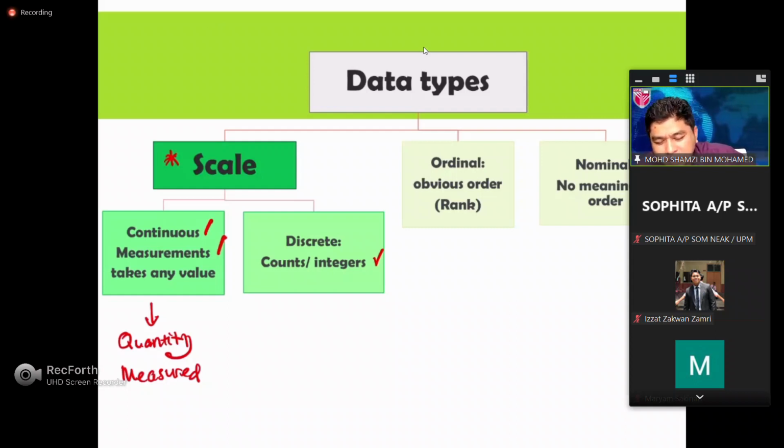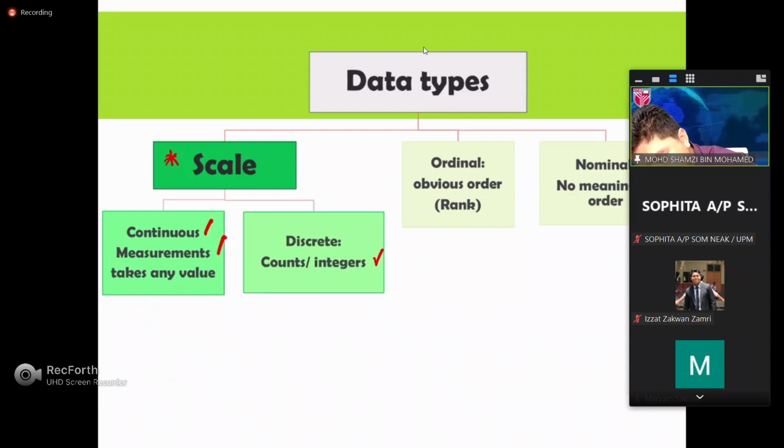So scale is the one that you encountered, and most tests associated with scale we call parametric test. Usually we mostly associate scales with parametric test.